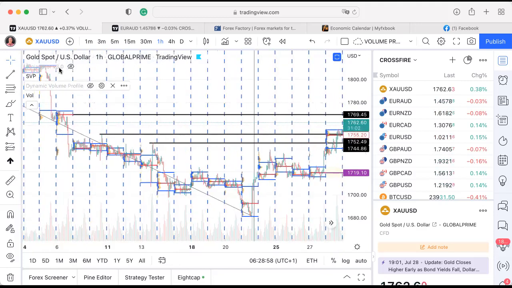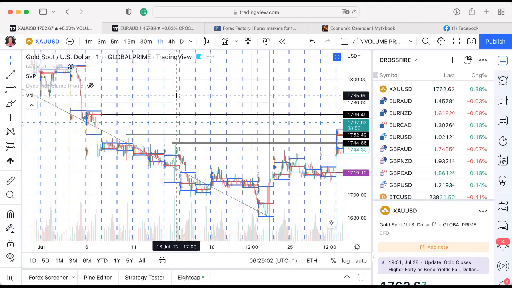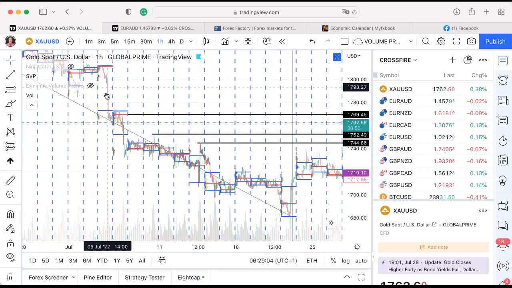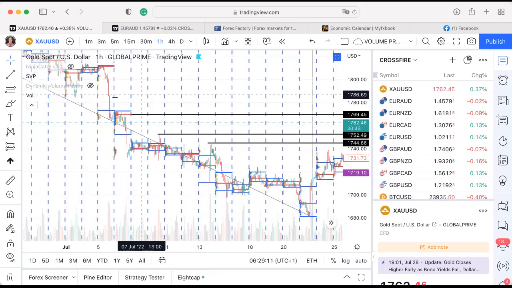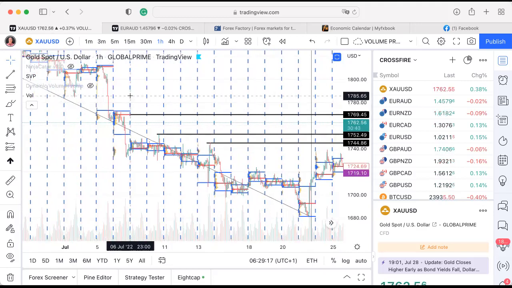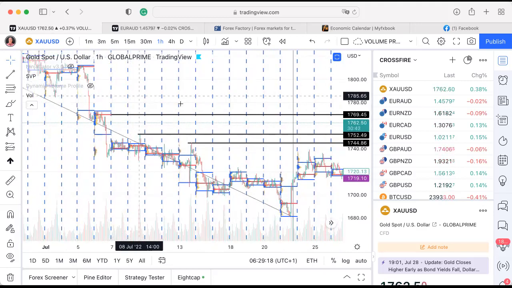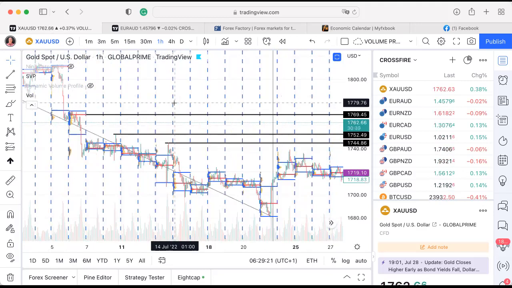There are other high points further up if it continues its journey up. And just as a matter of interest, there's a massive area of imbalance there. Sticks out like a sore thumb. Big rectangles there, and all sells and no buys. So there is potential for price to go upwards if anybody's following volume profile.